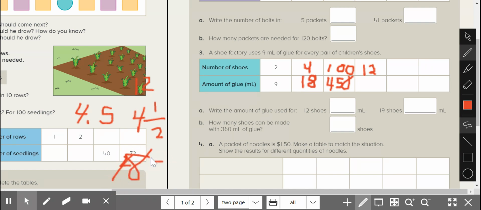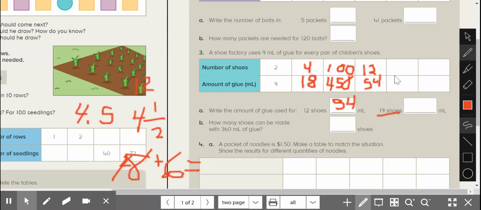And then 12 times 1/2 is 12 halves. 12 halves equals 6. So 48 plus 6 equals 54. So for 12 shoes, it would take 54 milliliters.